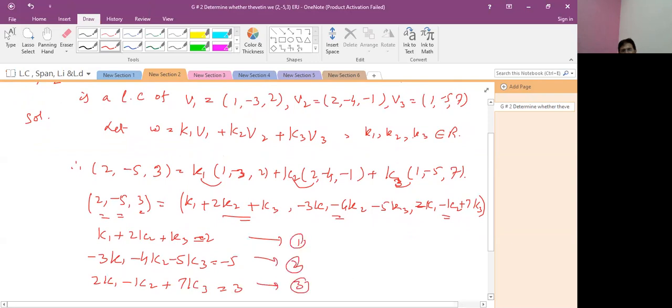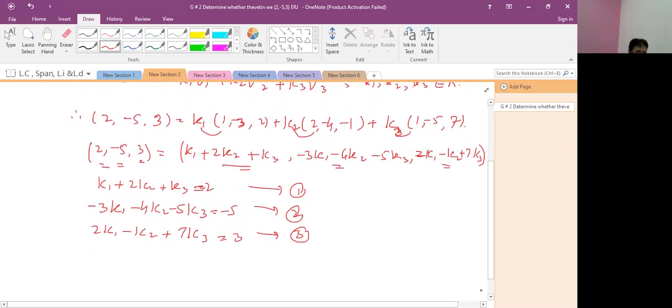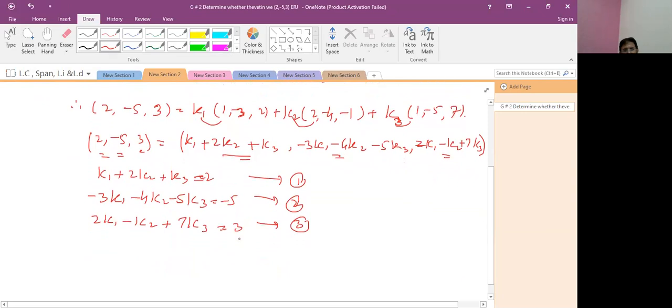If we solve it by the method of determinant, we make a coefficient matrix, students: 1, 2, 1; minus 3, minus 4, minus 5; 2, minus 1, 7.